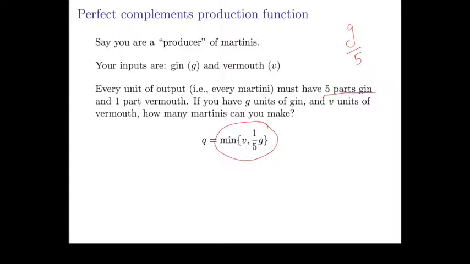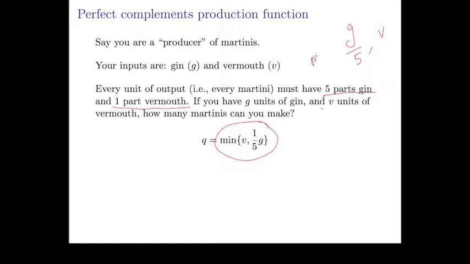On the other hand, each martini uses only 1 part vermouth. So if I have unlimited amounts of gin, but I only have V units of vermouth, I can make exactly V martinis. So which one is going to be the limiting factor?